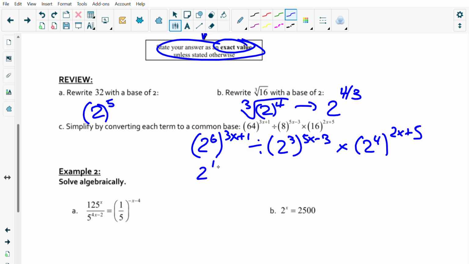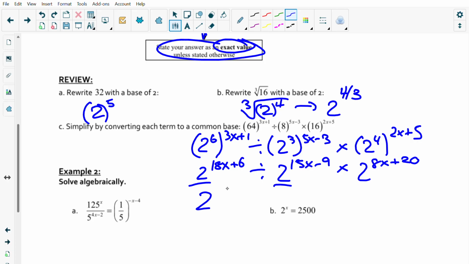Let's use the power law for exponents: 2 to the 18x plus 6, divided by 2 to the 15x minus 9, times 2 to the 8x plus 20. Let's combine them all. So that's 2 divided by these two, so let's do the quotient law.